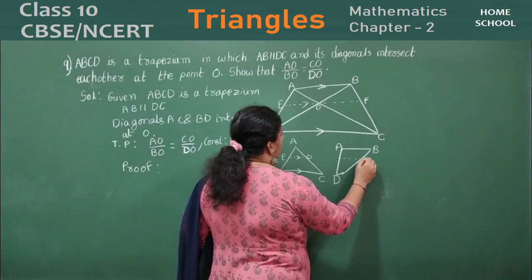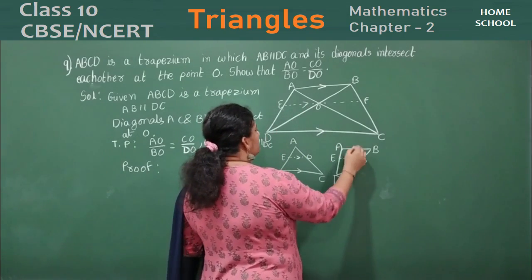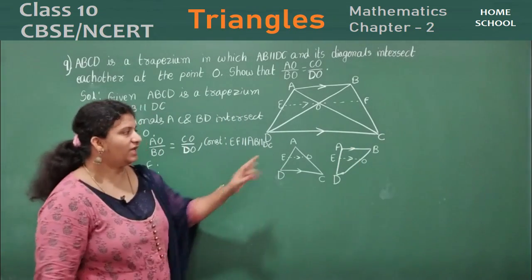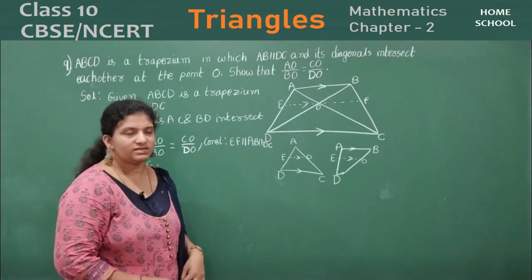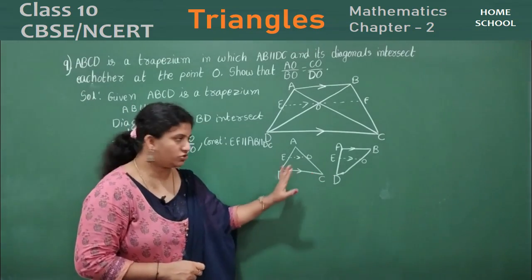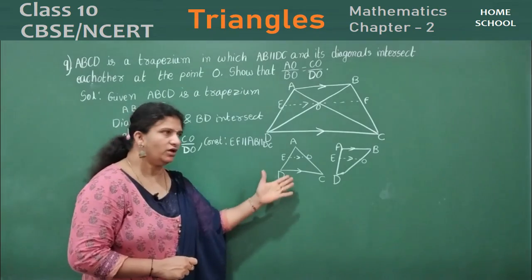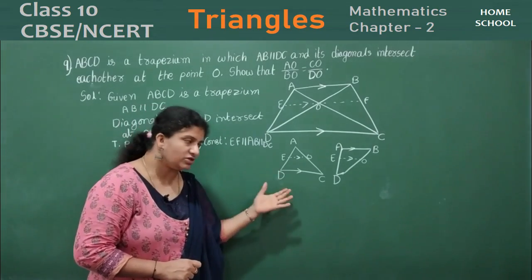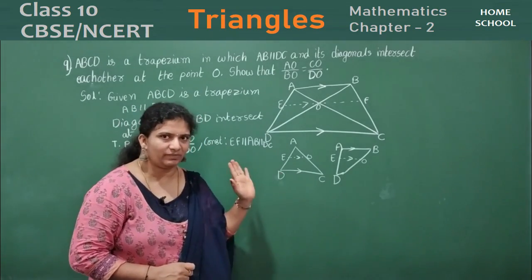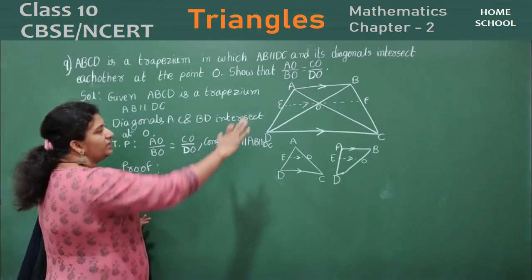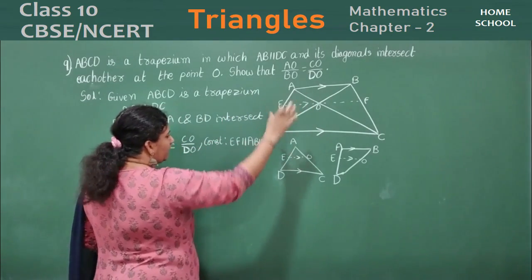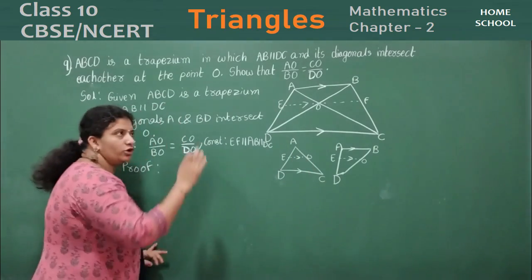OE is parallel to this. Again you can remember the BPT. See, in exam you should not do like this. For understanding or writing the ratio if you want, do with the pencil. In exam also do with the pencil. Afterwards clean up.